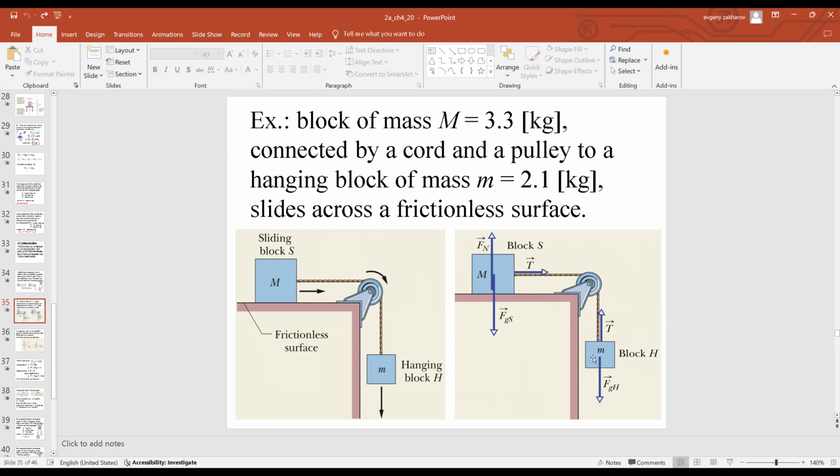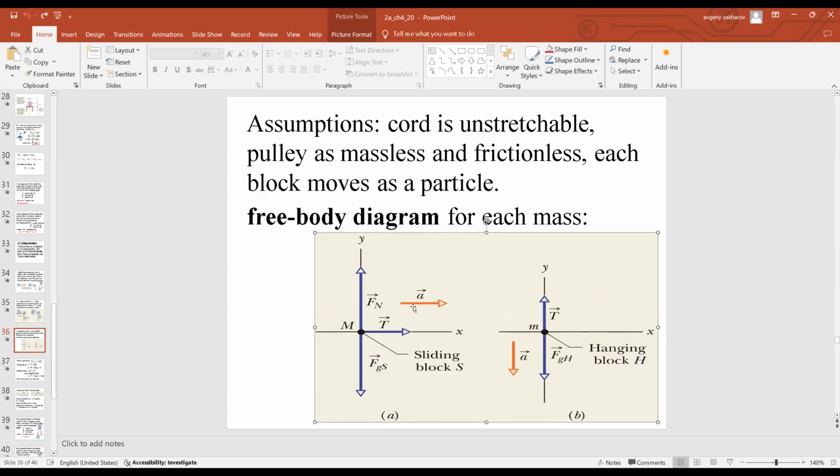For the second block, there is no table. It's just the cord that also creates the tension along the cord, and gravity pulling on that block. So those are the forces. Don't forget to show accelerations because those are vectors, and you have to show all the vectors on your sketch.